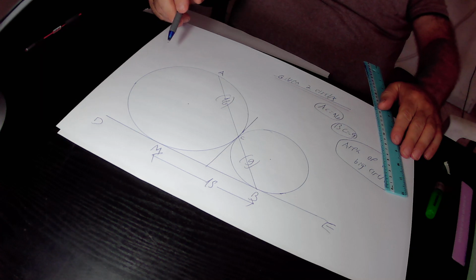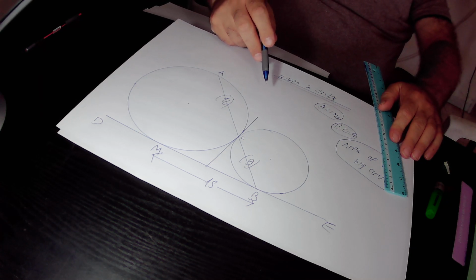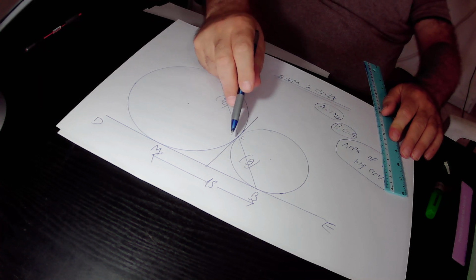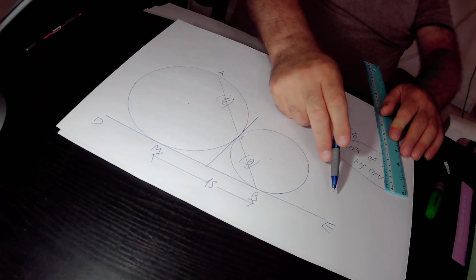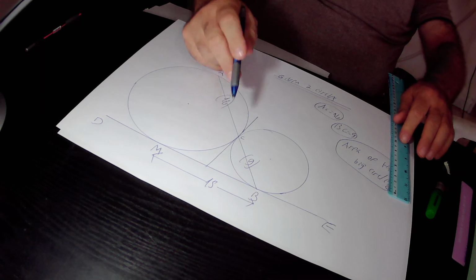And we define the touching point of this common tangent with DE, this point is point N.